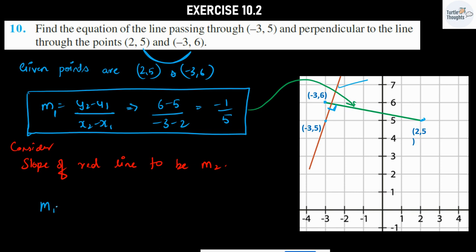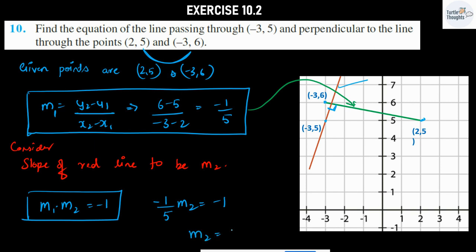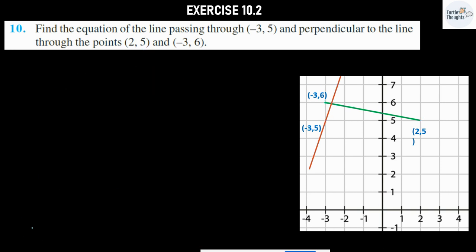So I can tell m1 into m2 should be equal to minus 1 because the two lines are perpendicular. So I can write over here m1 is minus 1 by 5, multiplied by m2, it is going to be minus 1. So what will be the value of m2? Can I write m2 will be equal to 5? So m2 I will be getting equal to 5.